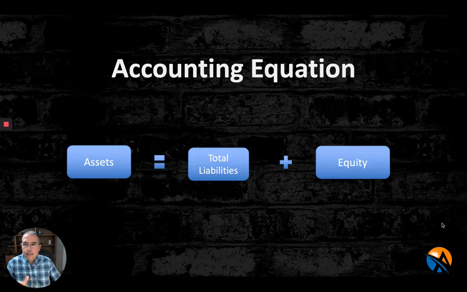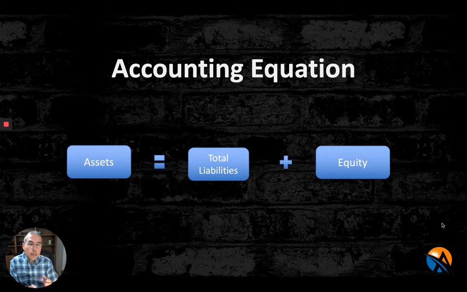Basically, when you look at accounting in a nutshell, it always comes down to this very basic equation. That equation is your assets equals your liabilities plus your equity. Think of it like this. If you own a home, your home is worth something, and that value that it's worth is an asset.